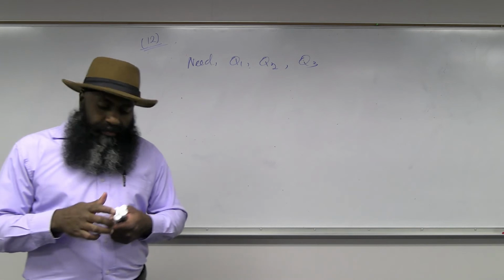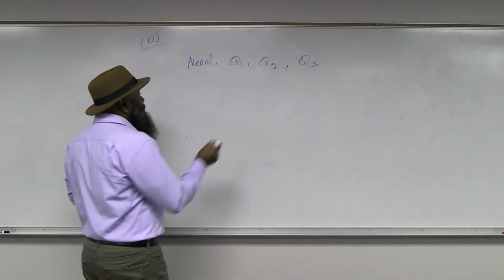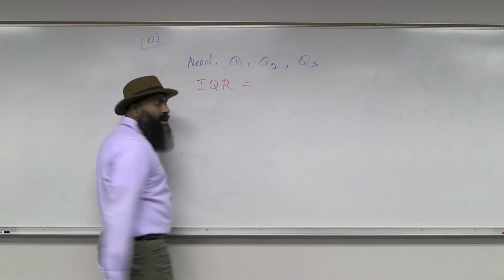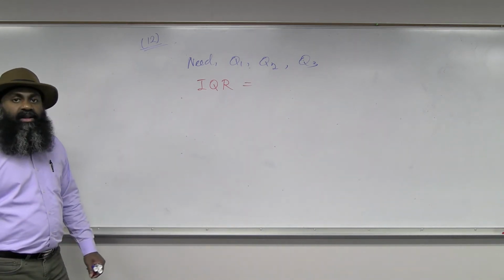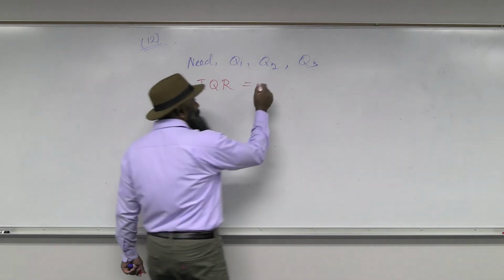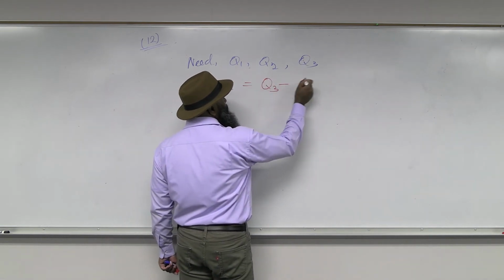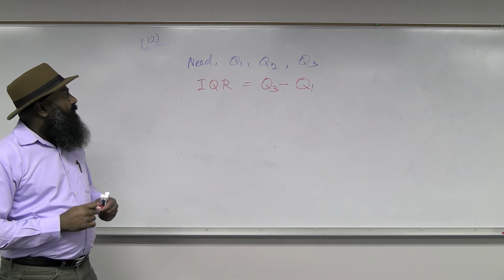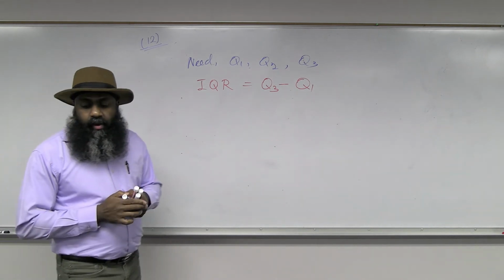As the first step, we will calculate something called the interquartile range, abbreviated IQR. This is defined as Q3 minus Q1. And then we define the lower limit.